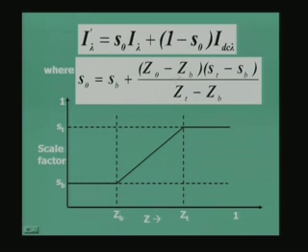That means when Z naught is equal to ZB, you have the value of scale as SB. When Z naught is equal to ZT, these two terms cancel out and you have the value of S naught equal to this particular term. So you can easily see that this is a linear function. As you vary Z naught from ZB to ZT, the value of scale runs linearly, going up from SB to ST. Of course, you can have a nonlinear variation of this function.